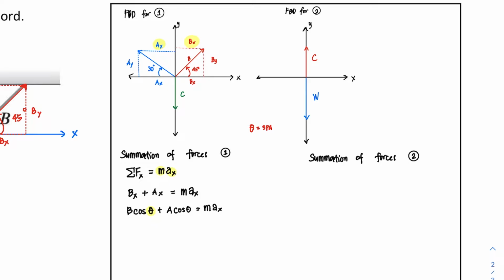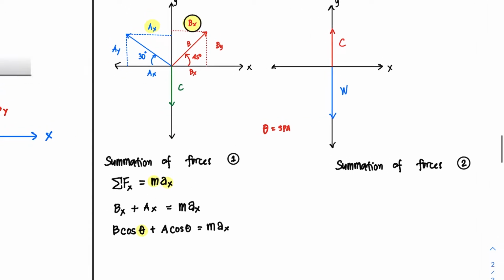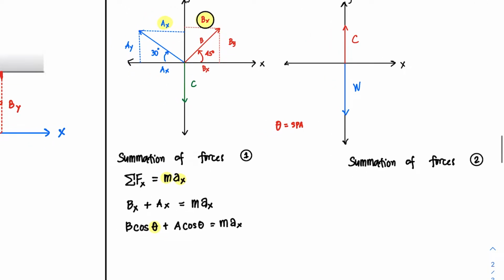So let's first deal with B sub x. In terms of SPA, we substitute the thetas here. You have B cosine, and the theta in SPA is 45 degrees, plus A, the cosine.